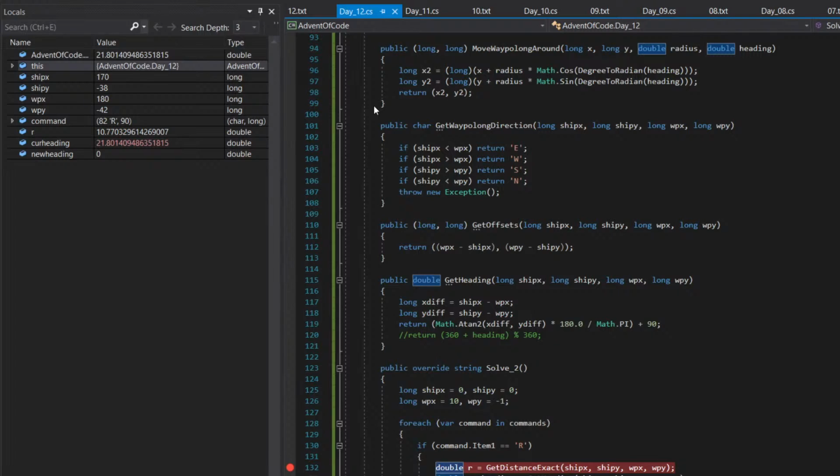-42 is north, right? So the current heading should be something like -21.